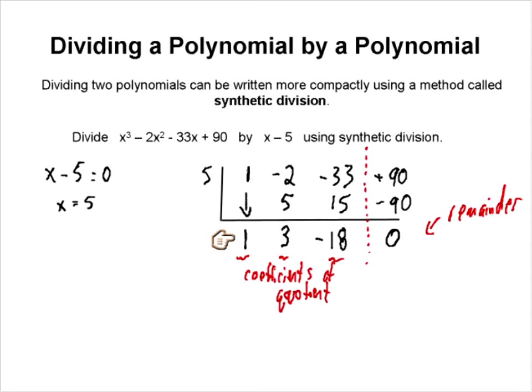And that's what we're going to do right here. This number is the leading coefficient of x squared, dropping that degree by 1. So our solution is just going to be x squared plus 3x, and we write them in descending power, minus 18.